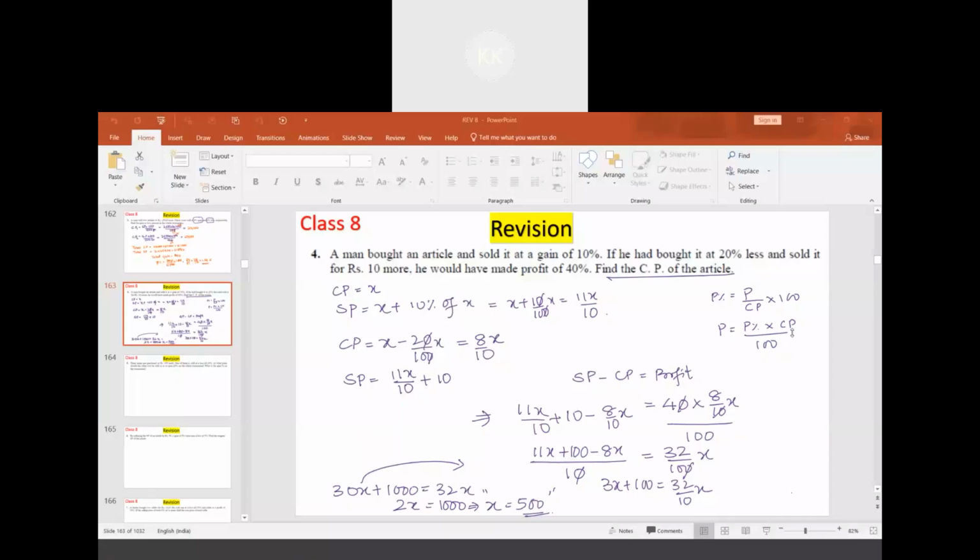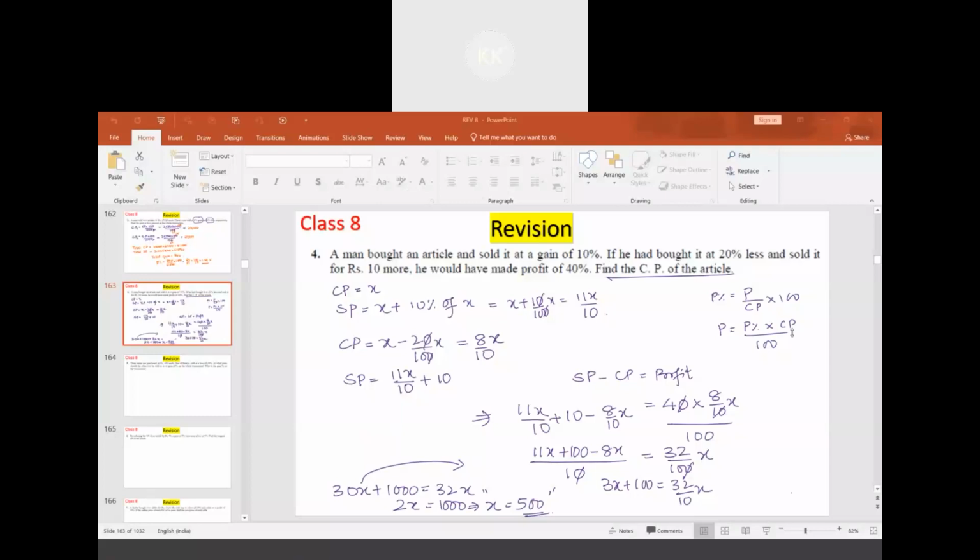Without the calculations, marks cannot be given. For example, 24 meter is the answer for section D first question. If you have written only 24 meter in your answer sheet, it should not be given marks. Though 24 meter is correct, how you arrive at that 24 is all important.